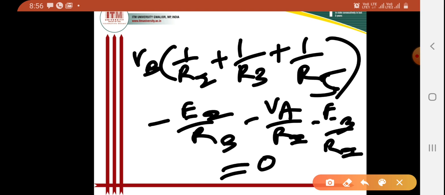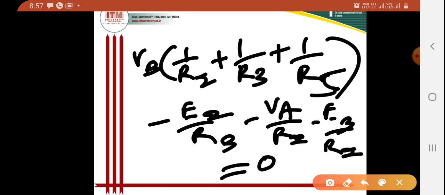It is worth repeating that the additional term in the above equations, as per the calculation, is either plus E3 by R2 or minus E3 by R2, depending on whether it represents a rise or fall of potential when we are viewing from the node under consideration. So this is all about our nodal analysis method.